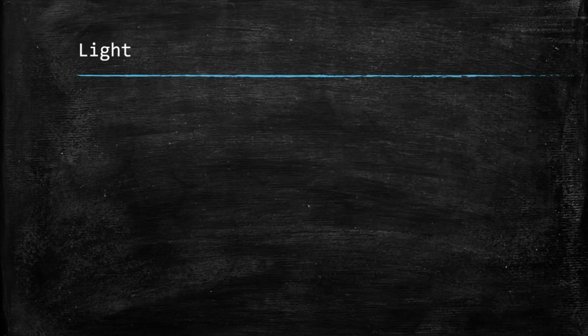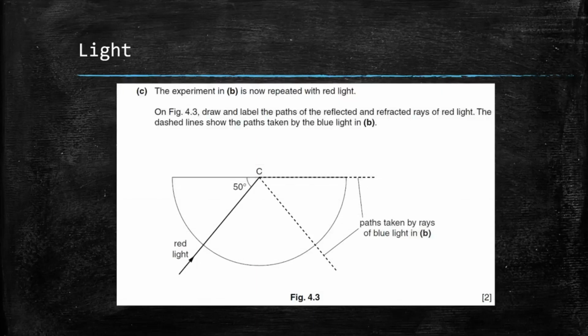Let's continue to question 4c. The experiment in b is now repeated with red light. On figure 4.3, draw and label the paths of the reflected and refracted rays of red light. The dashed lines show the paths taken by the blue light in b. Remember, reflection is not affected by the refractive index of the medium.